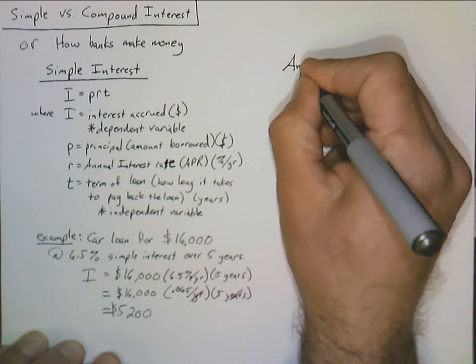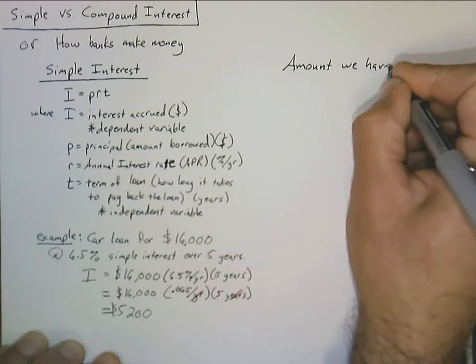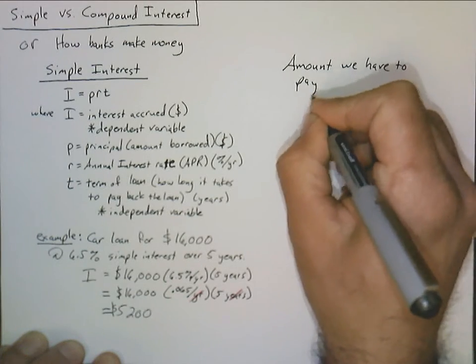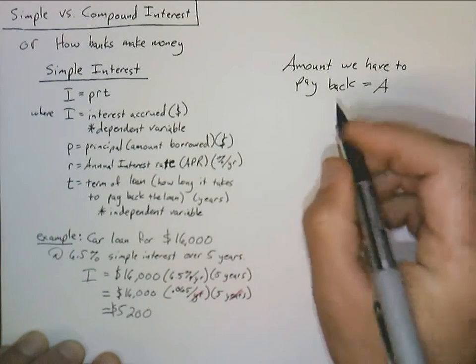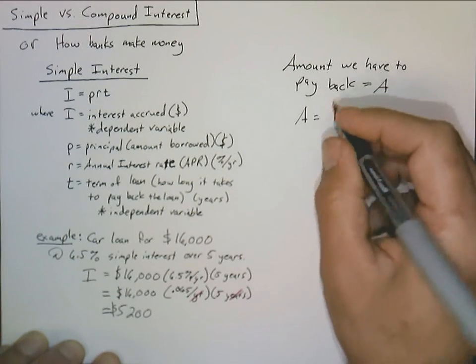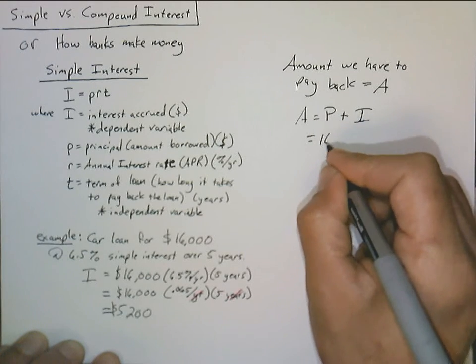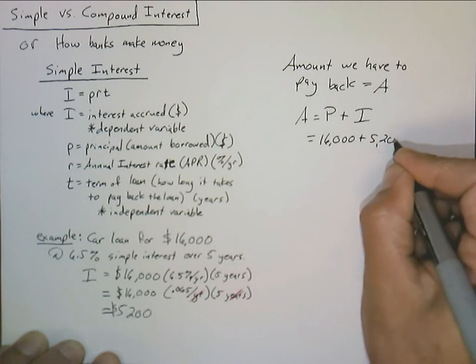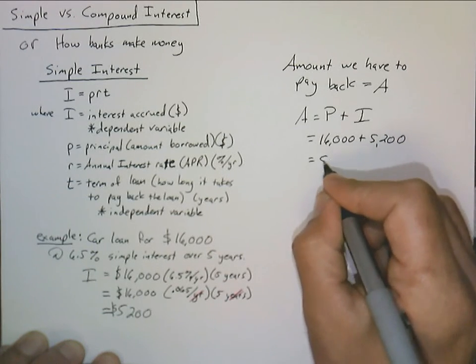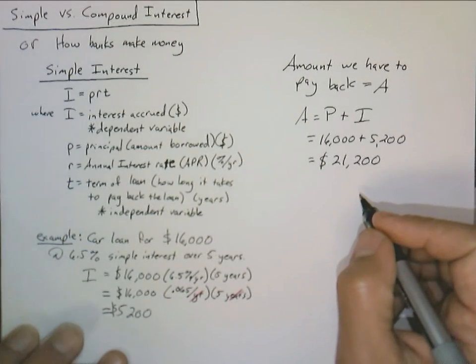So the amount we have to pay back, we'll call that A. So that equals the principal plus the interest, which is 16,000 plus the 5,200 in interest, or $21,200.